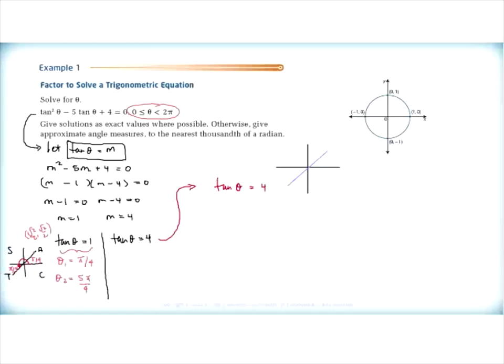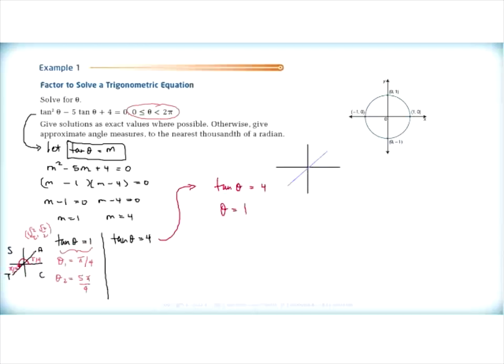And I need to use my calculator now in radian mode. So I'll change the mode here, put my calculator in radian mode first of all. And I simply do second function tan of 4. And I get an answer of 1.32 radians.